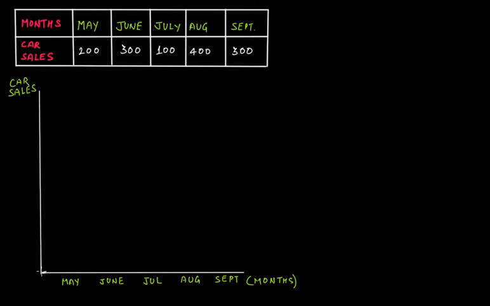So starting from here, I have to draw these numerals. So let me draw first 100, and then 200, and then 300, then 400, then 500, and then 600, and that's sufficient to show this information.